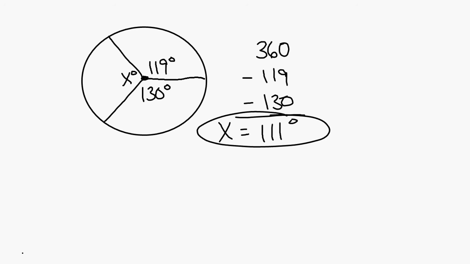All right, your assignment for today. On page 718, you got 4 and 5. I'm sorry, 4 through 6. On 718, you got 4 through 6.